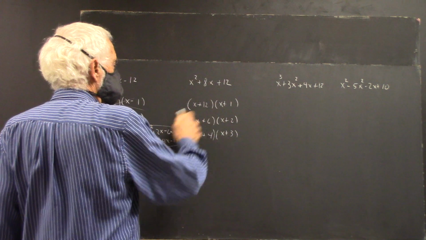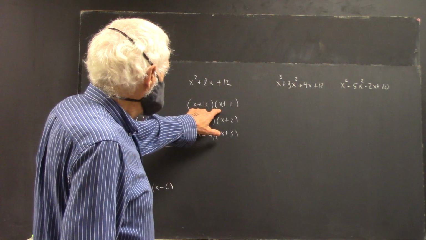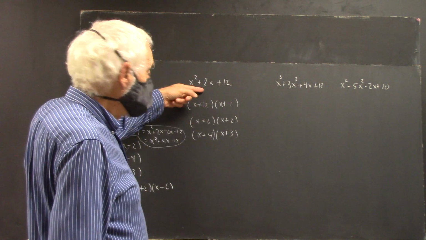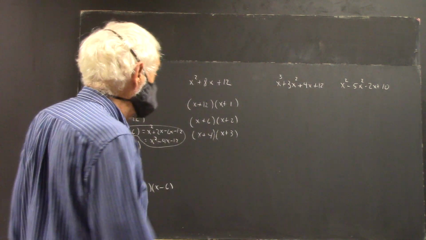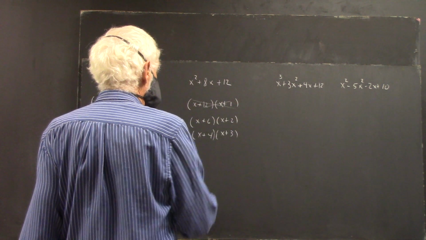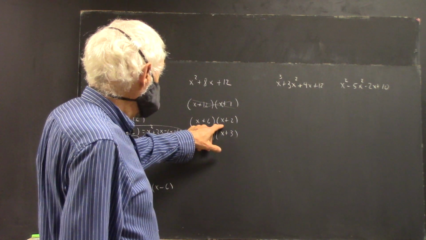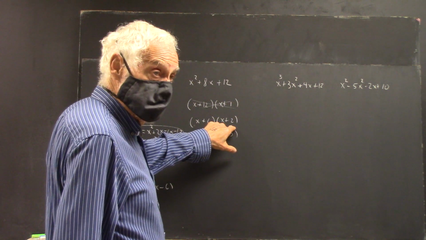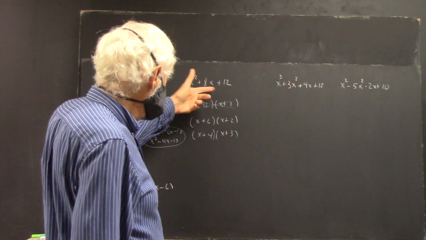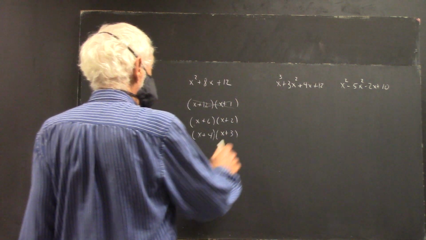Well, you multiply this one out, you're going to get a 12x and an x, which makes 13x, not 8x. So we'll have to multiply this one out. Well, you're going to get a 6x and a 2x. 6x and a 2x add up to 8x, so that's it.